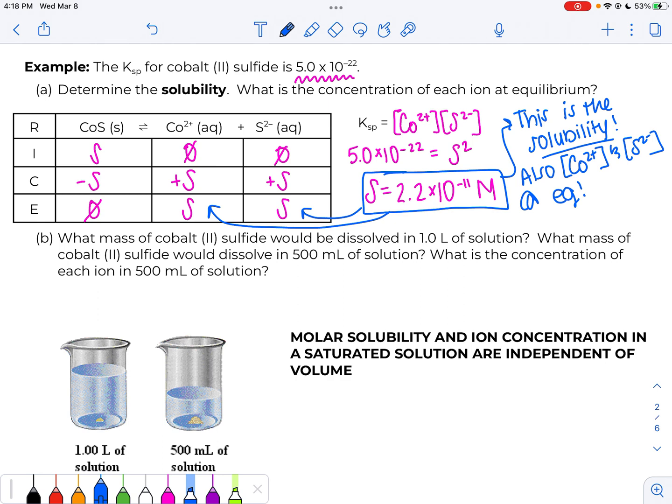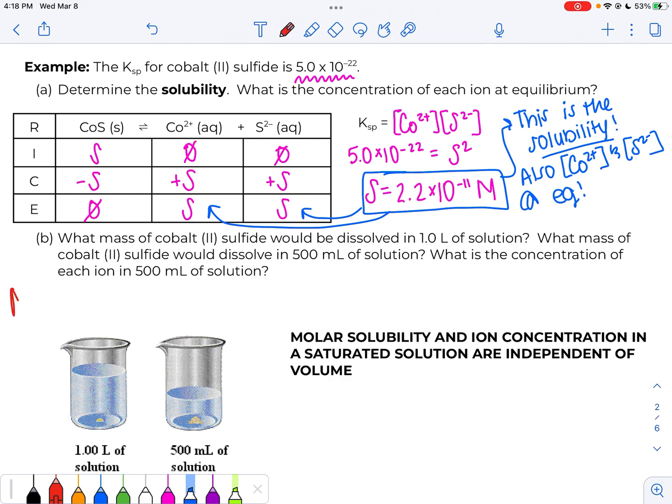We know that in 1 liter of solution, 2.2 times 10 to the negative 11th moles per liter will dissolve. If we want the mass, we have no units for mass. All we have is molarity, which is moles per liter. But molar mass comes back again. If we can get to moles first, we can get to mass from there.